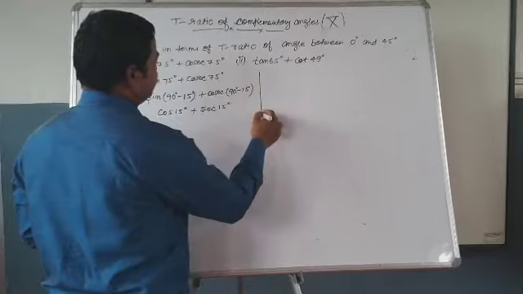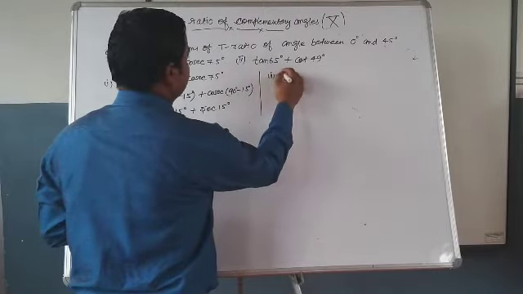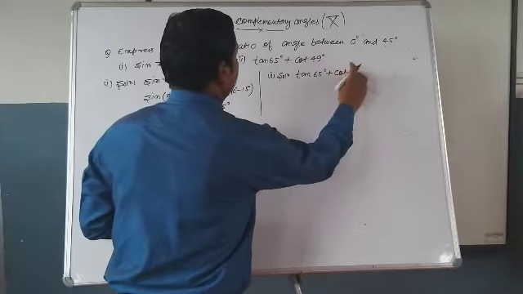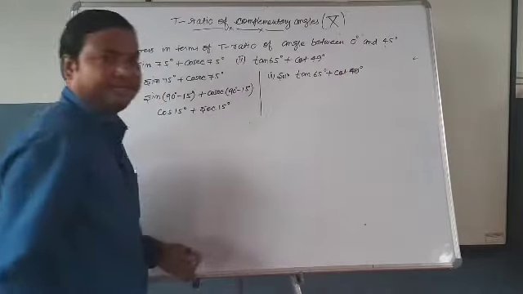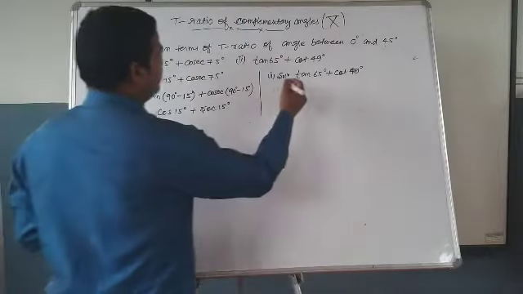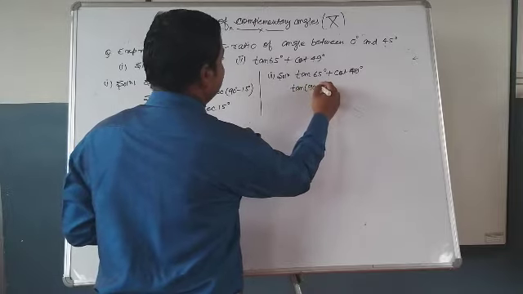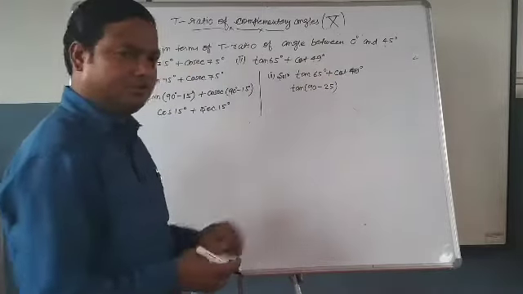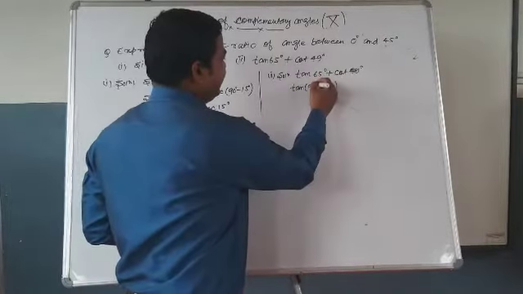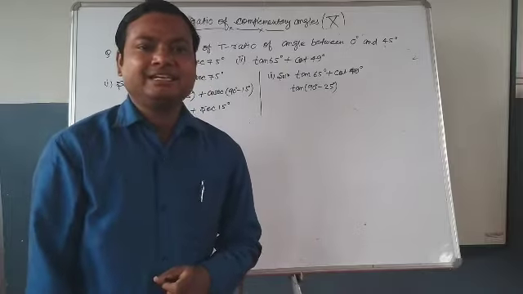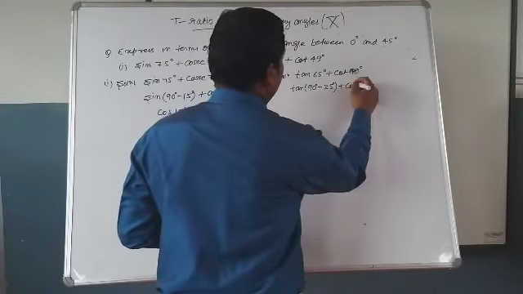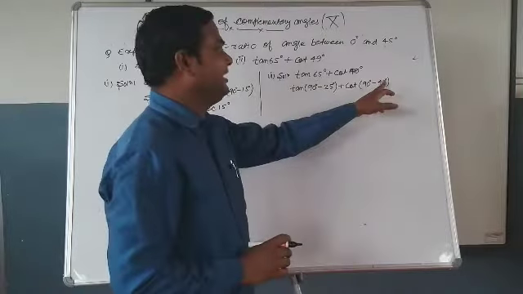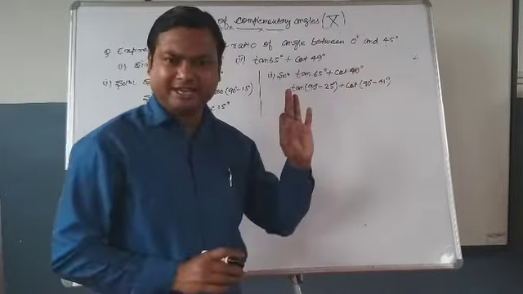Now the second solution: tan 65 degrees plus cot 49 degrees. This should be written as tan (90 minus 25), which is equal to 65, plus cot (90 degrees minus 41 degrees), which is 49.